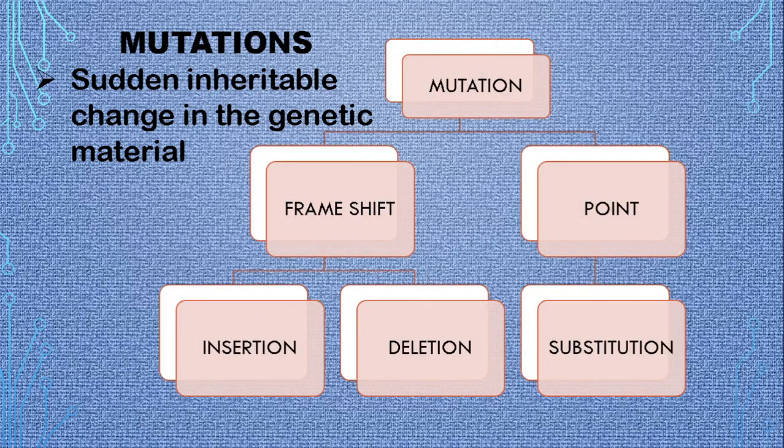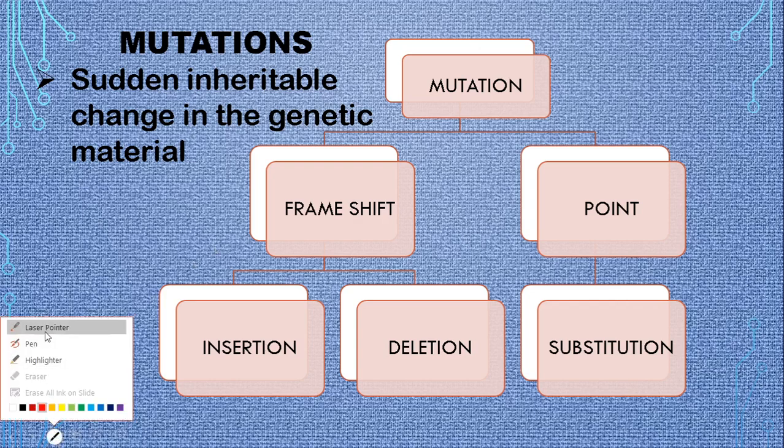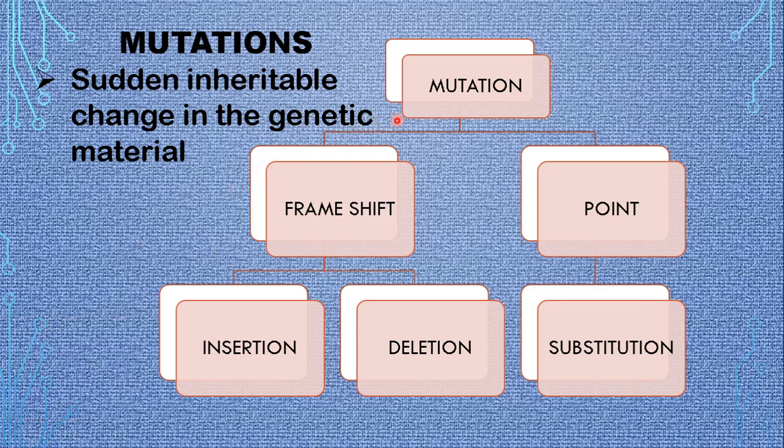Mutations can again be of different types. The main types, as we can see in the slide, are basically two: frame shift mutation and point mutation. In point mutation, let us say AT was the base pair at a point within the DNA. Now that gets replaced by, let us say, GC.